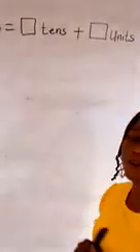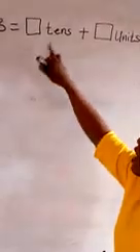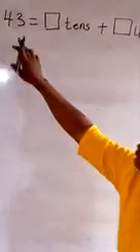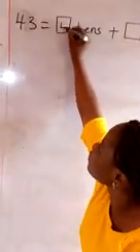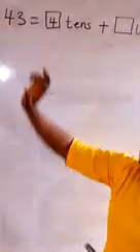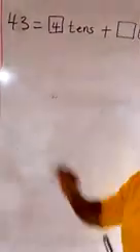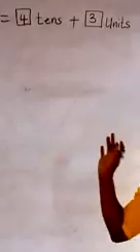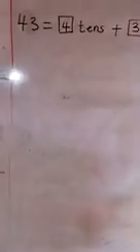So instead of adding your 0, it has already stood as your tens. So what you are going to do, you just bring out your 4. Then the next one will be your 3. You said 43. So you just write your 3 as your units. 3 units. Are you clear with that?